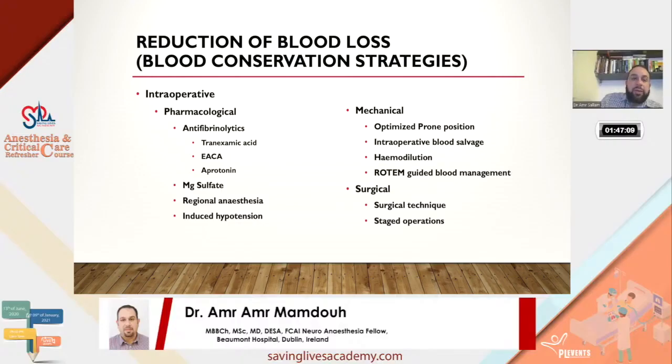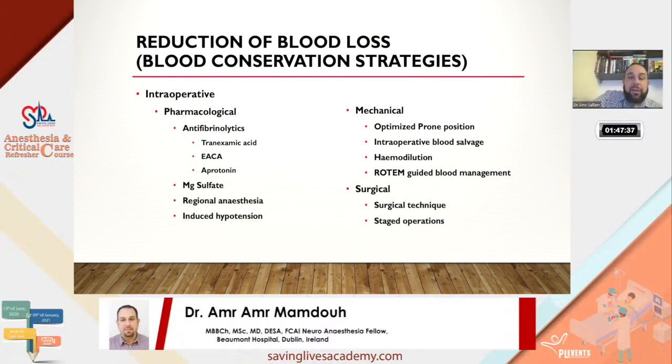About the intraoperative pharmacological use of antifibrinolytics, I hope we are all aware of the CRASH-2 and CRASH-3 trials and how tranexamic acid is used for the reduction of blood transfusion. It's one of the proven options with high evidence supporting it. Magnesium sulfate, although it has a moderate level of evidence, still shows some benefit.